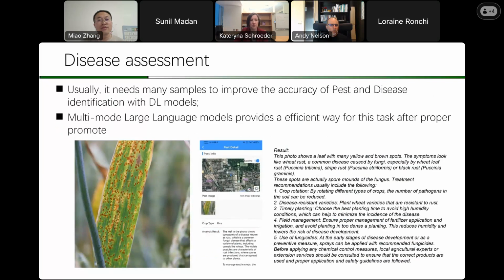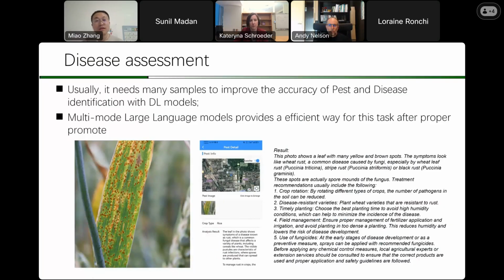Behind the system, we also have artificial intelligence models. In recent years, we developed a large language model to provide suggestions for farmers when they take a photo of the plants. And like this one is a leaf with disease.